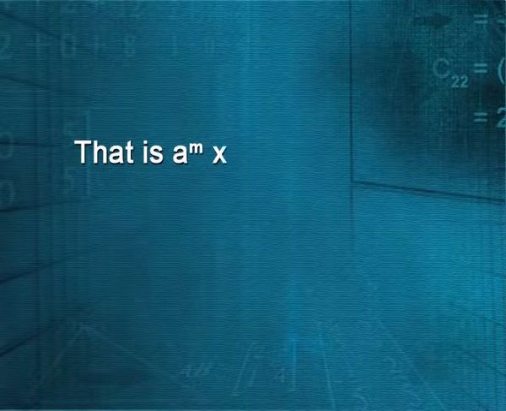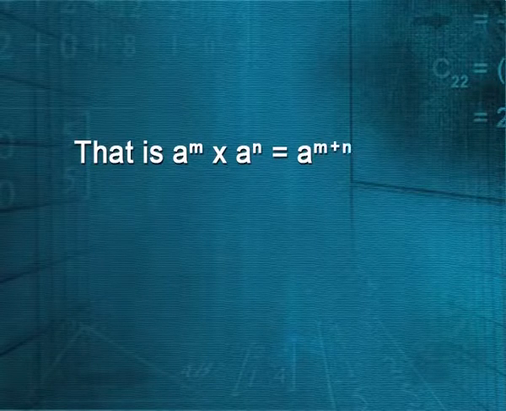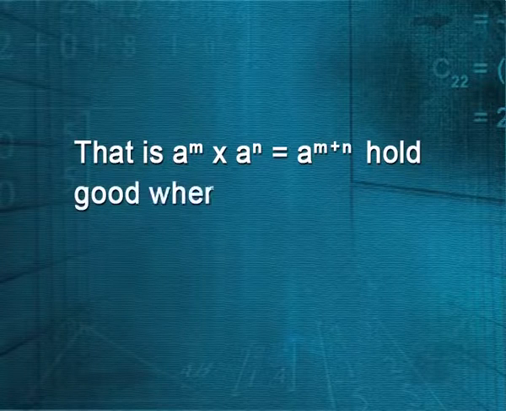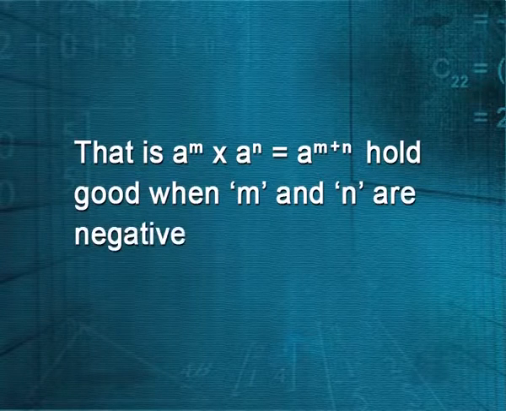That is, a raised to power m multiplied by a raised to power n is equal to a raised to power m plus n, and this holds good when m and n are negative integers.